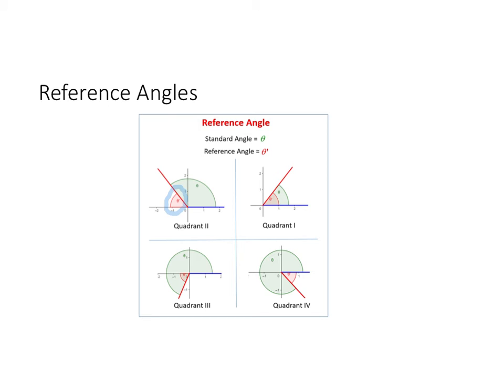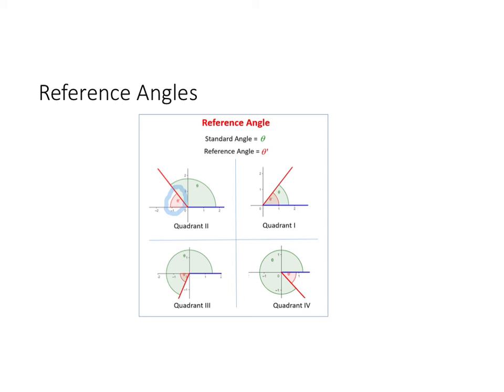It is never with respect to the y-axis. So it's always from the terminal side to the x-axis. And it has to be an angle less than 90 degrees, okay, to be considered a reference angle.